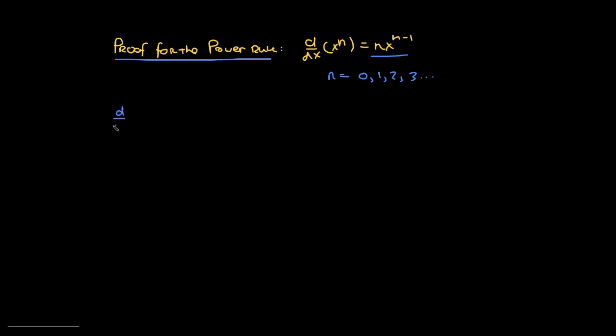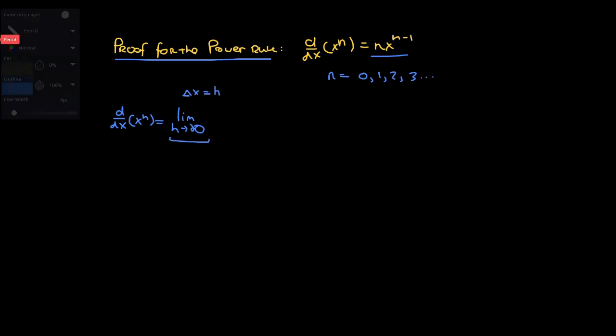We'll begin with the definition of the derivative, and I'm going to actually just use a limit. Instead of delta x, which I used in the previous video, I will be using h because it's a more common notation. So we'll have h approaching 0, that's just this part, the limit part.